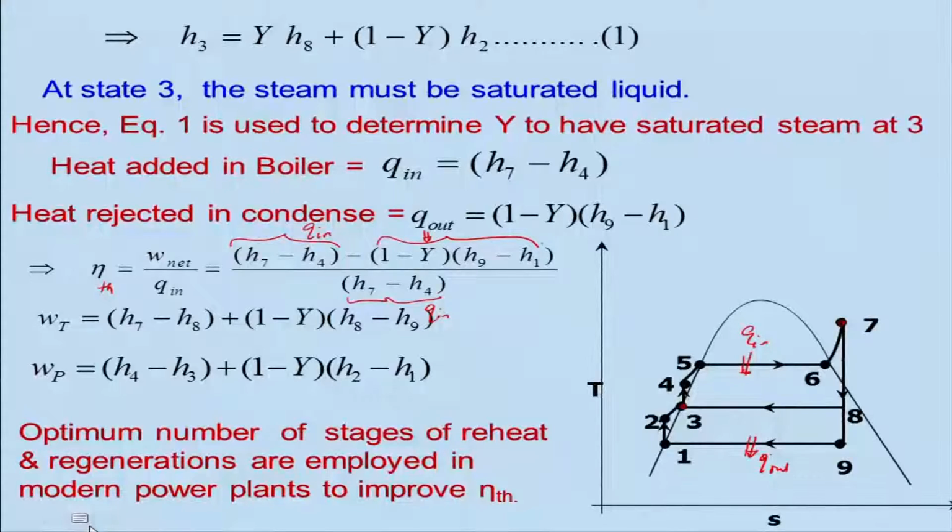In other words, the combination of reheating and the regenerative system is implemented in actual steam power plants, right. And these are the basic equations which we will be using for optimization of the steam power plant, which is a very interesting and important subject, particularly for those people who will be getting into mechanical engineering.